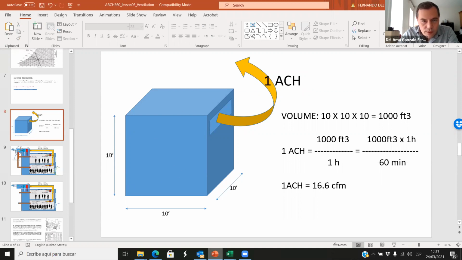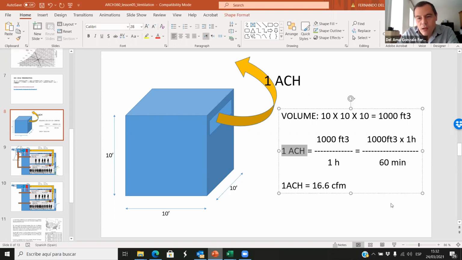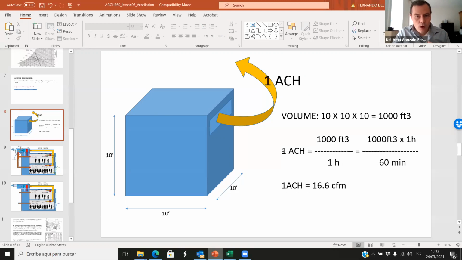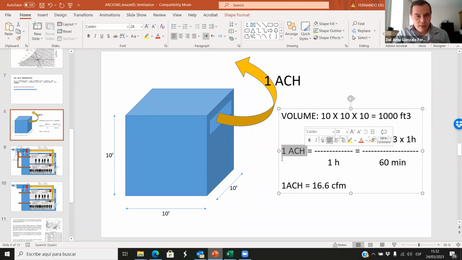It's a room which is 10 by 10 by 10. Okay, and we have 1 air change per hour. That means that in 1 hour, we remove all the air that we have inside this building or this room in 1 hour. So that's what 1 air change per hour means, that we remove all this air in 1 hour. So what is the volume that we are removing?